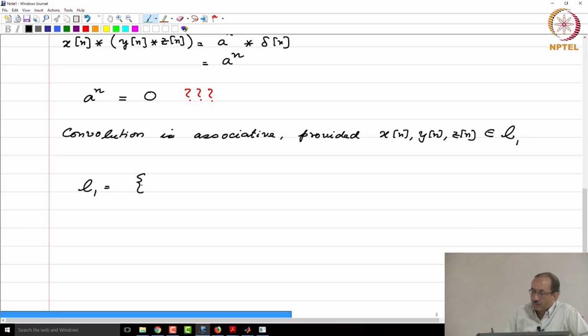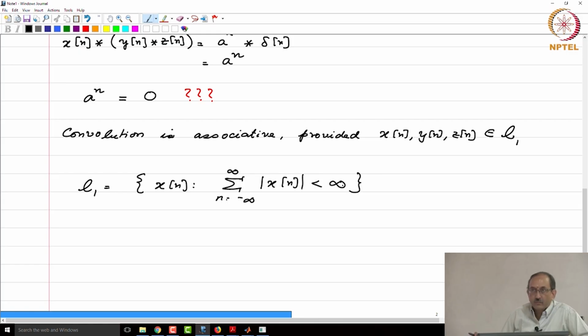L1 is the space of all absolutely summable sequences. So, L1 is the set of all sequences such that the sum over n from minus infinity to plus infinity of mod x of n is less than infinity. So, this is the space of absolutely summable sequences.